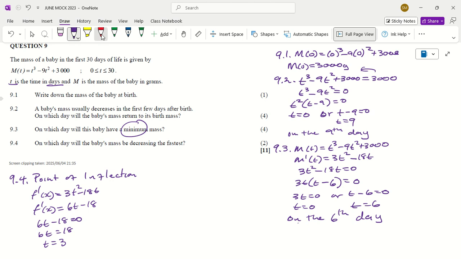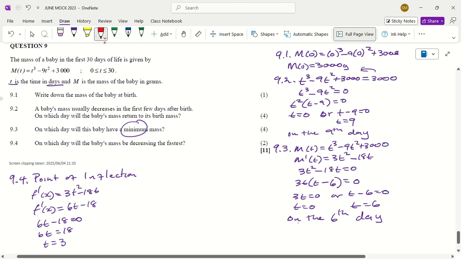And that concludes our mock exam. So just for mark allocation, 9.1 is 1 mark, so you just get 1 mark for the answer.